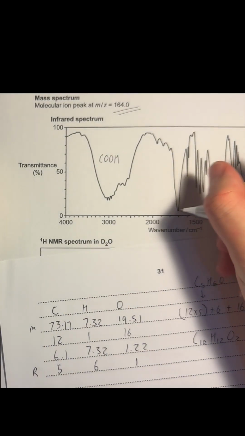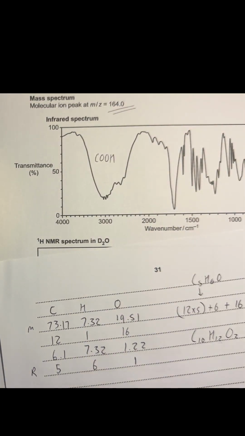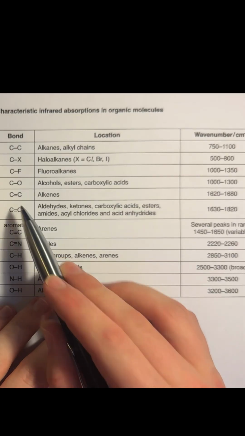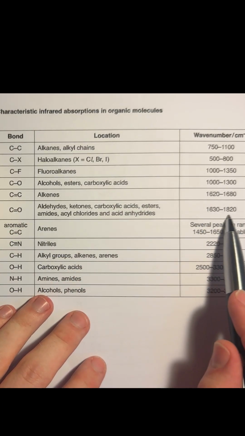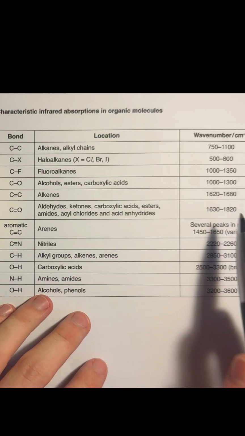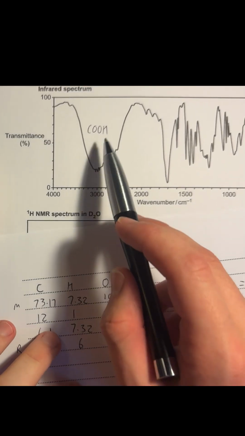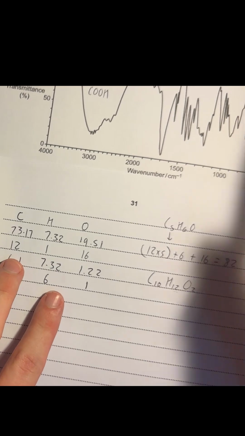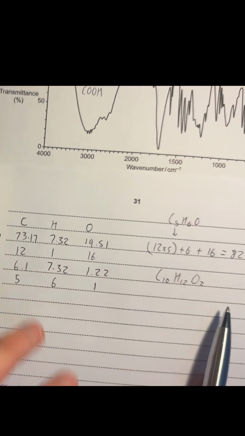And this very harsh peak at about 1,700, this can only be a carbonyl group. 1,700 is within this range, sorry. As you know, it's a carboxylic acid group. There's only 2 O's in a carboxylic acid group, which also checks out for the molecular formula here.